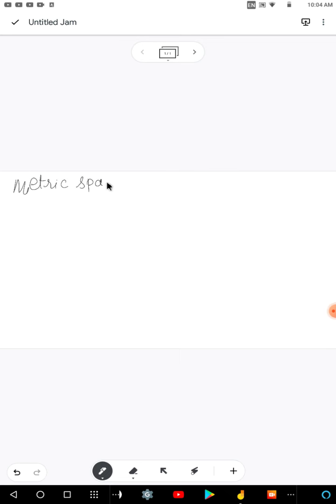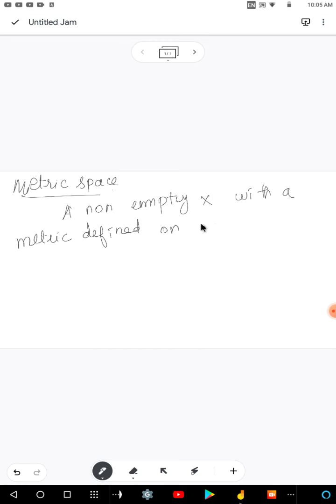Metric space. A non-empty set X with a metric defined on it is called a metric space.